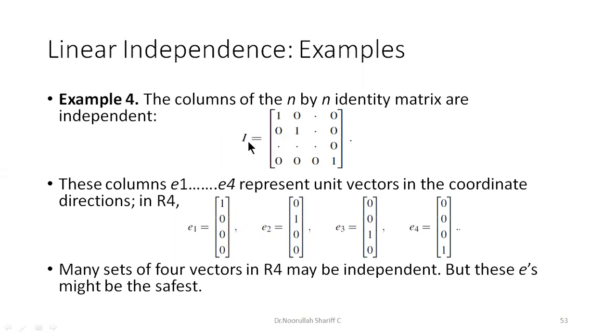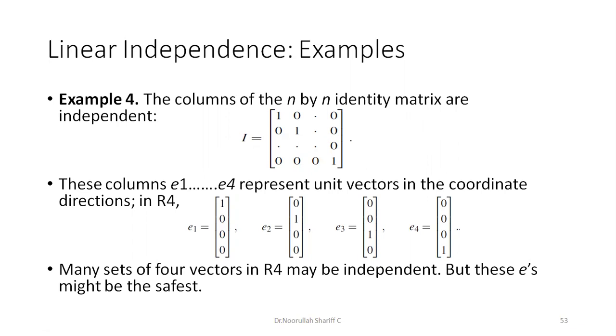So I can consider I as A, and then we write AC is equal to 0. If I multiply each of the rows with the column and solve that equation, we try to find out the values of C1, C2, C3.